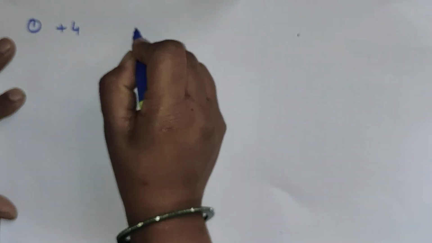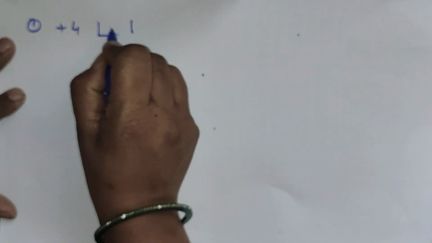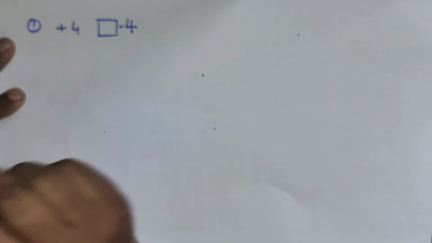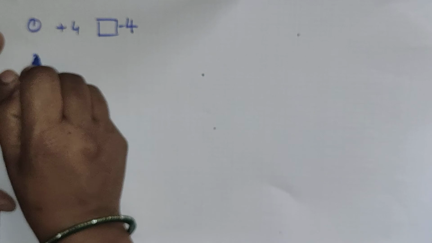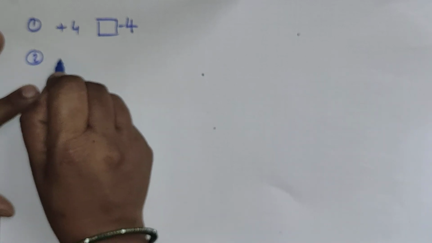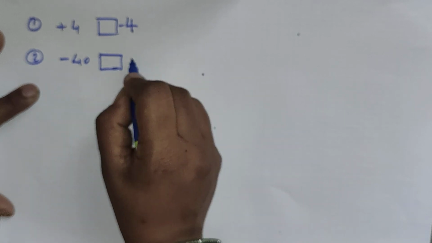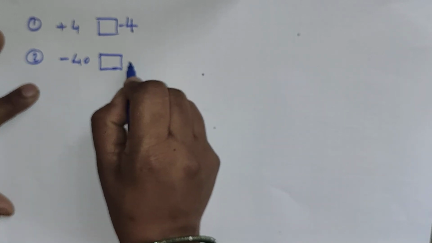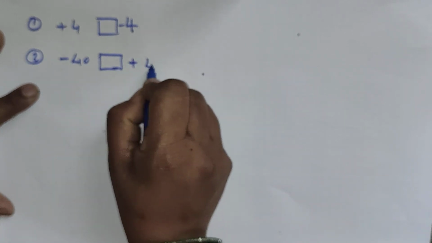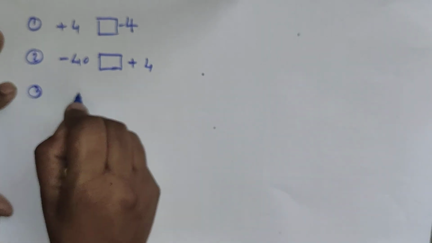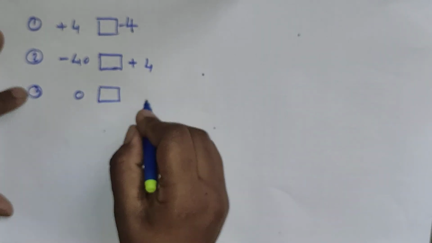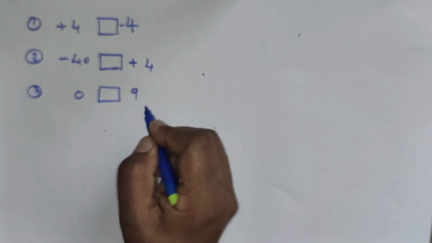First example, I will take my own examples. So if it is plus 4 and if it is minus 4, which is greater? Second example, minus 40 and here plus 4. Third, 0 and 9.